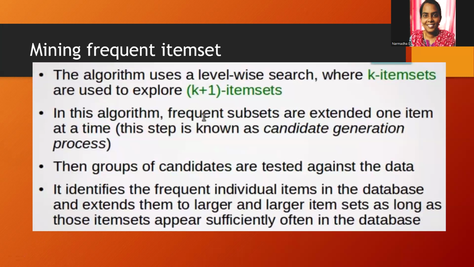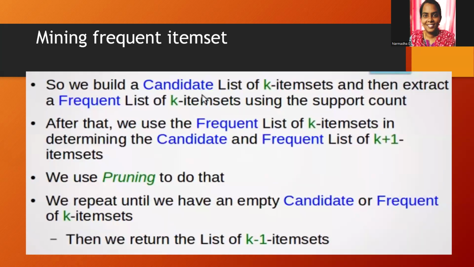In this algorithm, the frequent subsets are extended one item at a time, and then groups of candidates are tested. After generating all those different levels, the groups of items are tested against the data. This is how we are able to mine the frequent item sets.